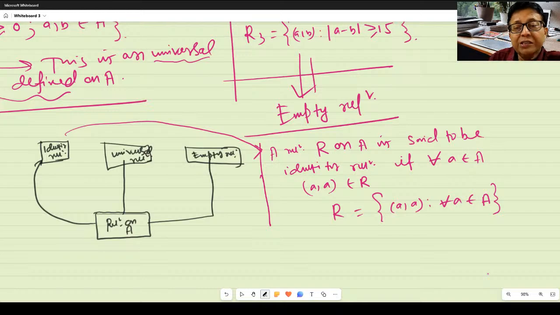Then what is universal relation? This we have defined as identity relation. What is universal relation?